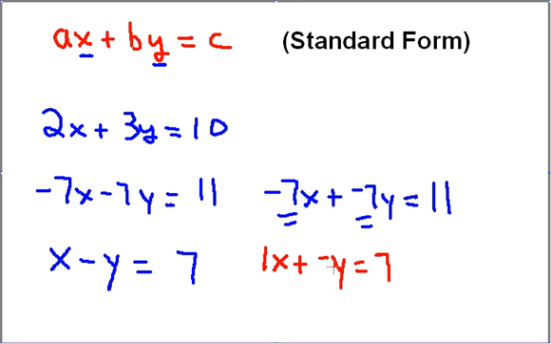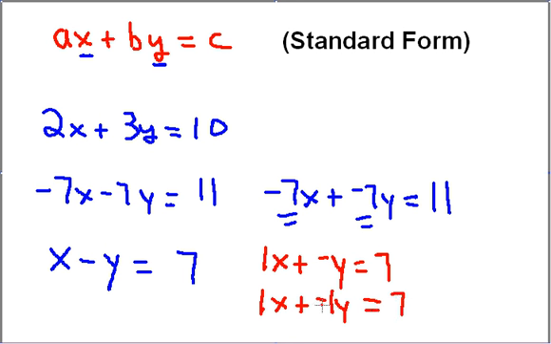However, my minus y here does not have a b value before it. What is the value? Well, just as 1 times anything is itself, minus 1 times something is the opposite of it. So what we actually have written here is 1x plus minus 1y equals 7.